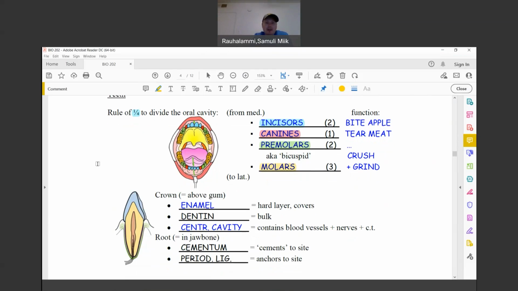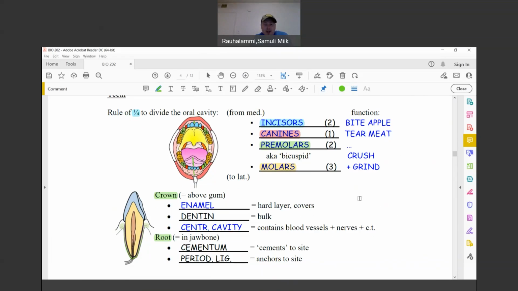If we look at a single tooth, we notice that it can be divided into 2 parts. We have the crown, which is the part above the gum, and the root, which is the part in the jawbone. The crown includes one of the hardest layers in the body, enamel, and then the bulk of the tooth is made of dentin.